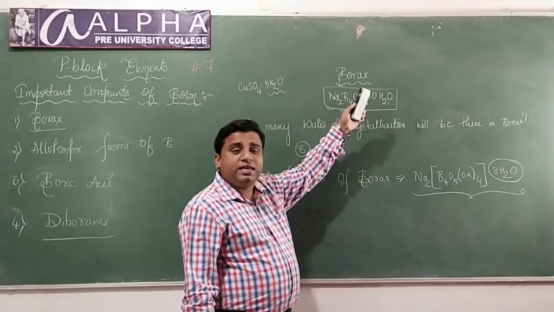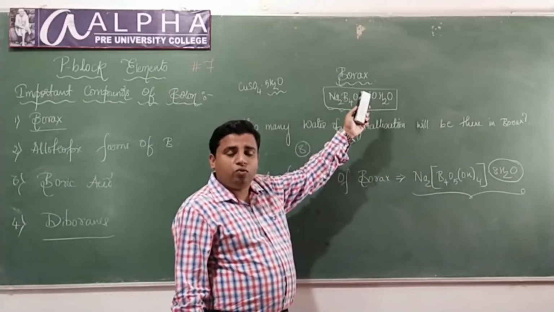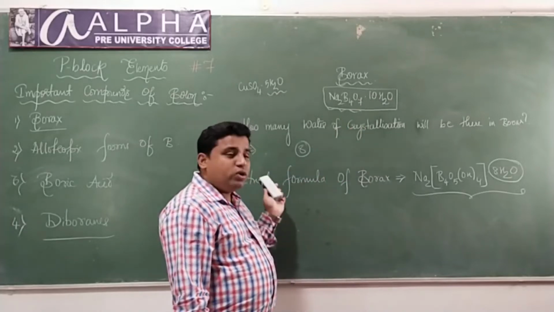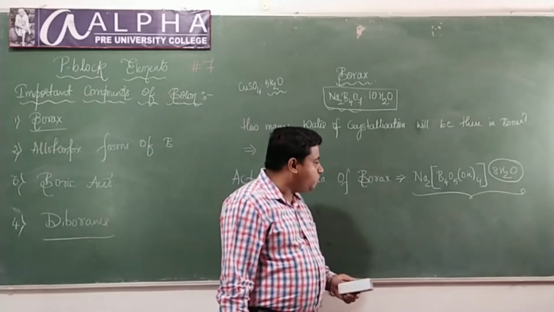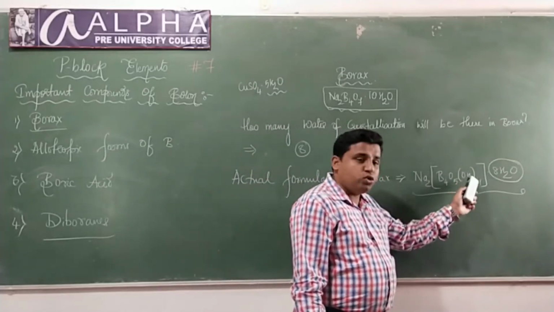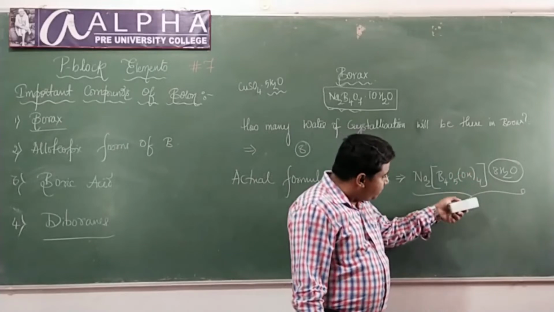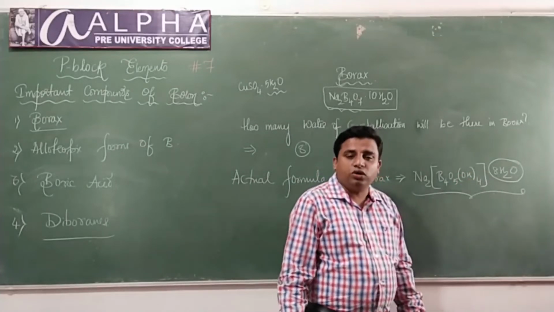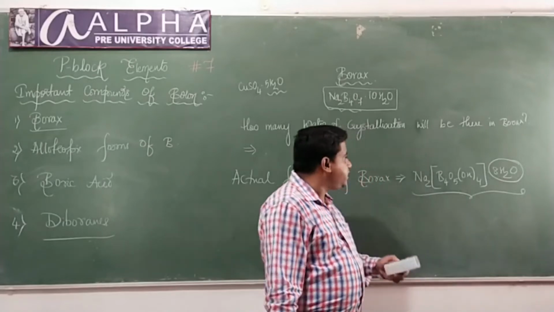It seems like there are 10 molecules of water of crystallization, but the actual formula of borax is Na2B4O5(OH)4.8H2O. In this actual formula there are 8 molecules of water of crystallization. Hence the answer is going to be 8.